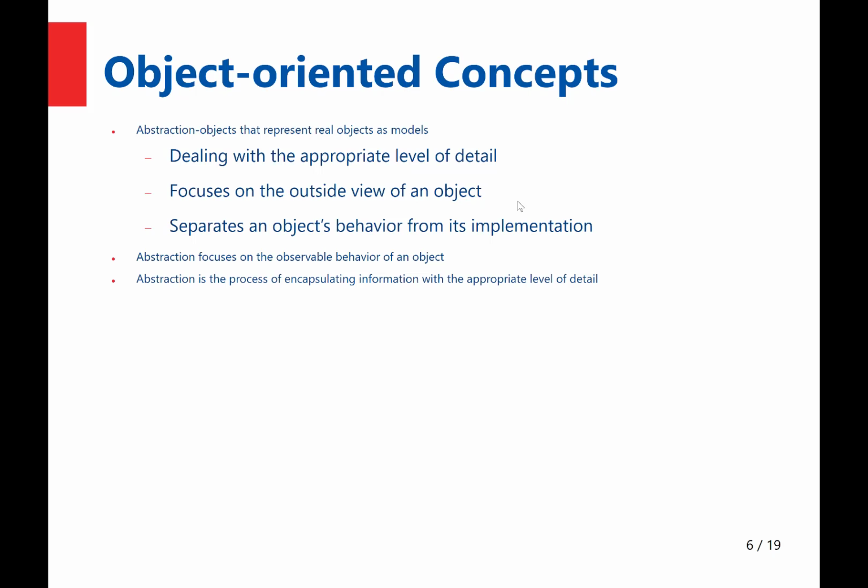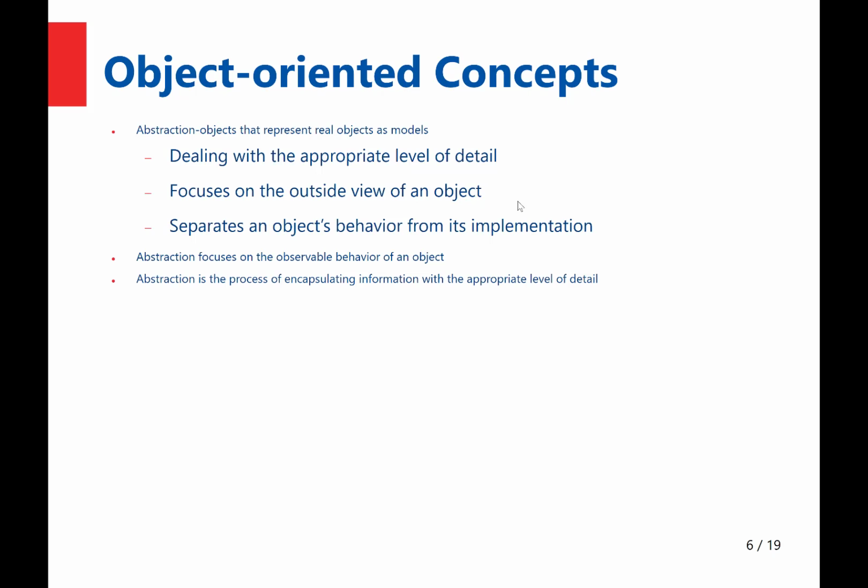They focus on the outside view of an object. They separate an object's behavior from its implementation. Abstraction focuses on the observable behavior of an object. And finally, abstraction is a process of encapsulating information with the appropriate level of detail.